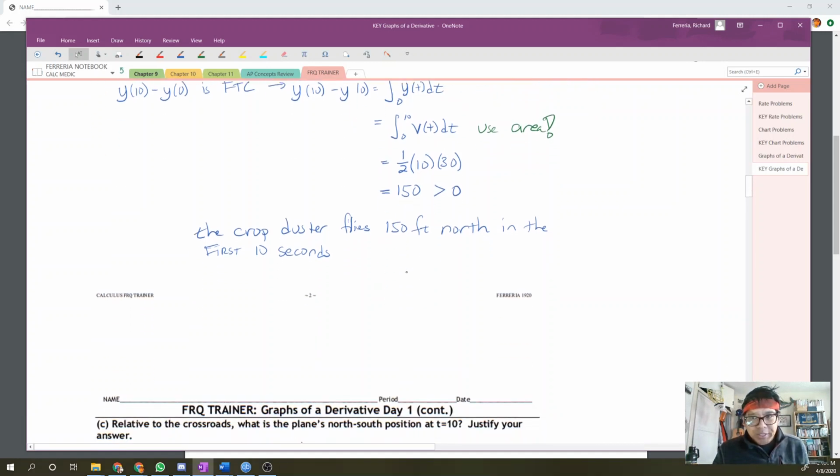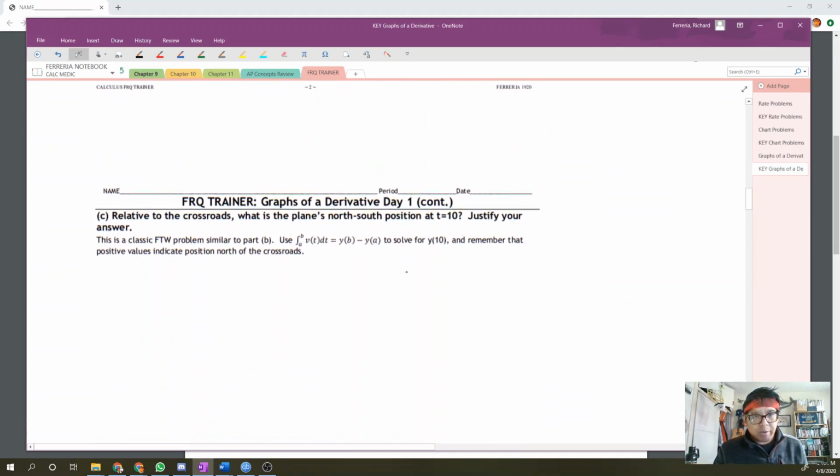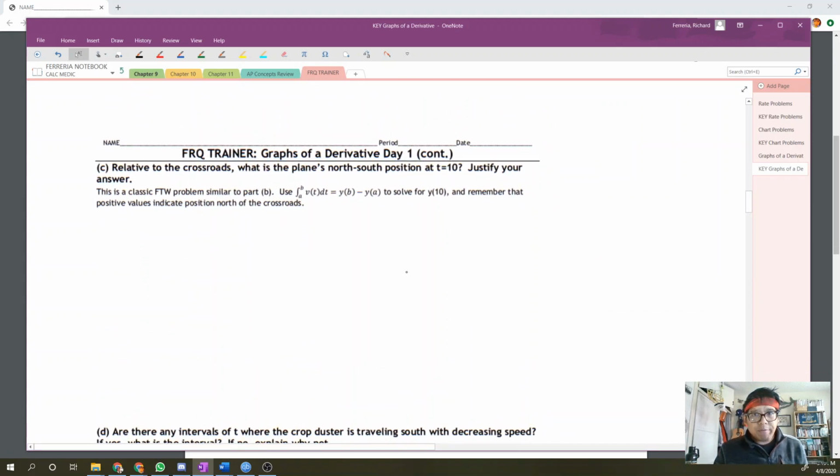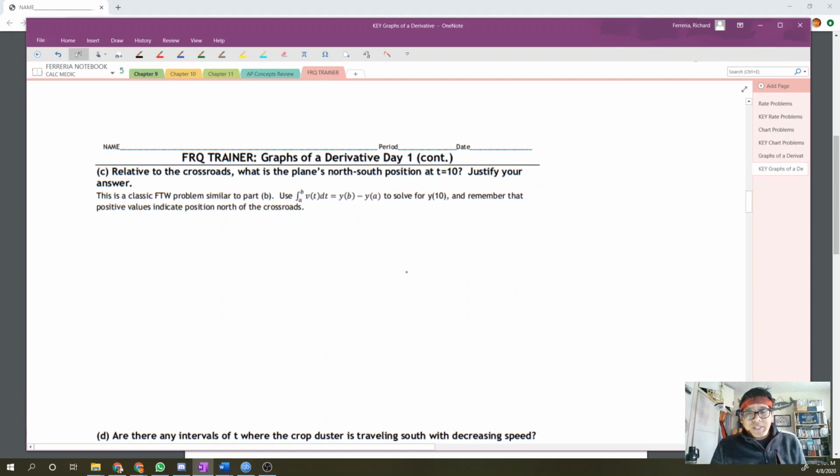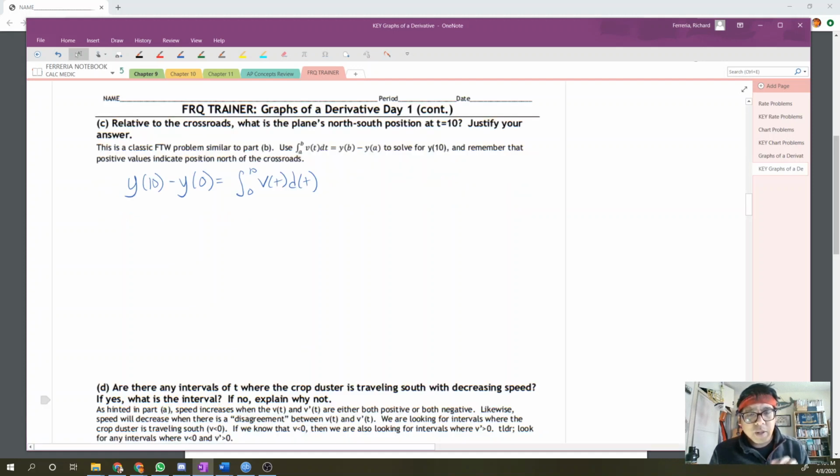Now letter C is closely related to letter B because now we're trying to find that plane's north-south position at t equals 10. Well, we already figured out that we were using the fundamental theorem of calculus to find the change in position. So we're going to complete this part of the problem just by using that fundamental theorem of calculus yet again.